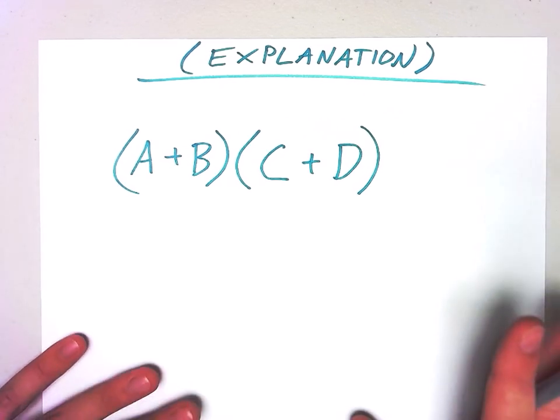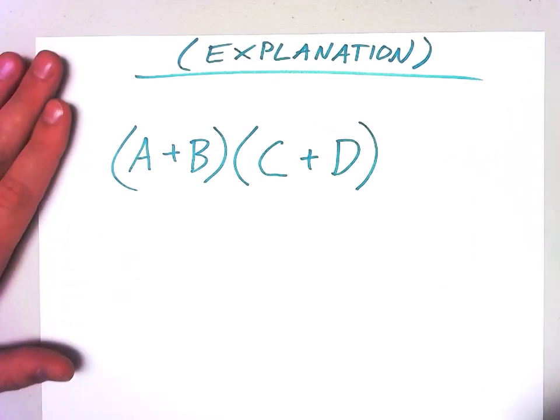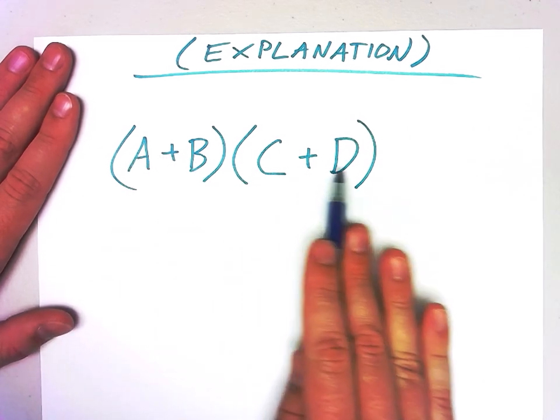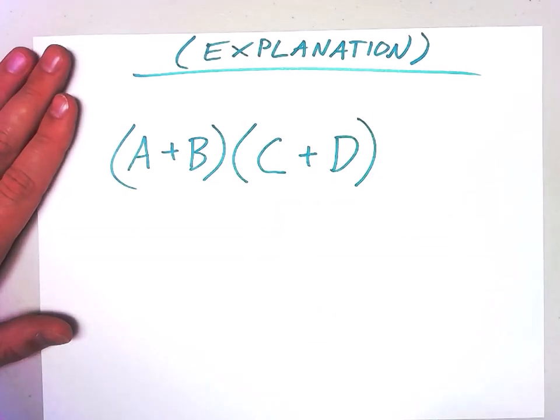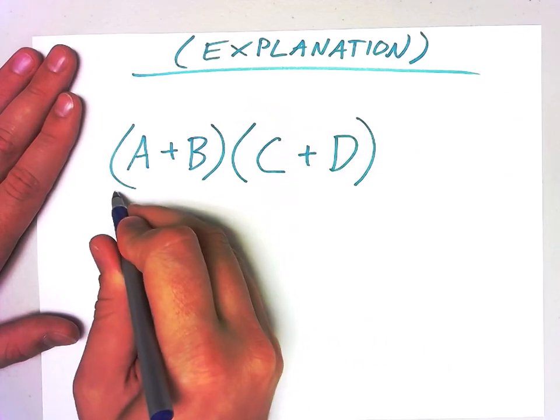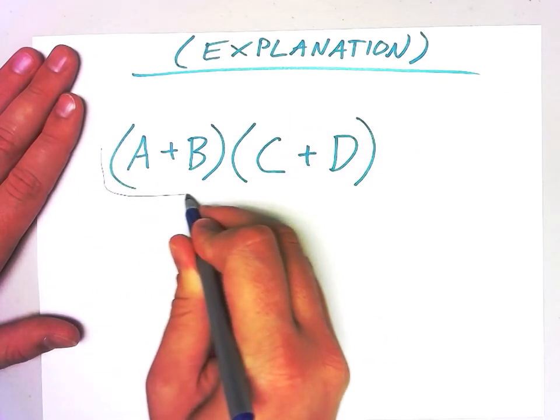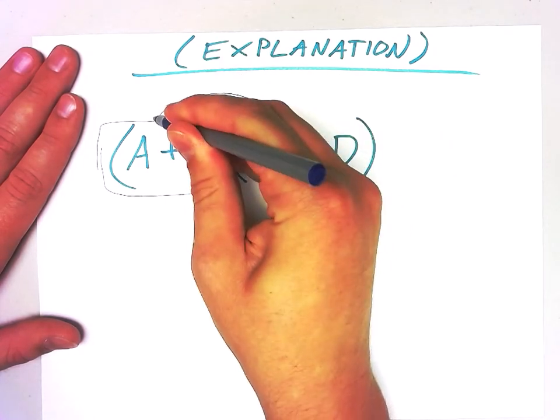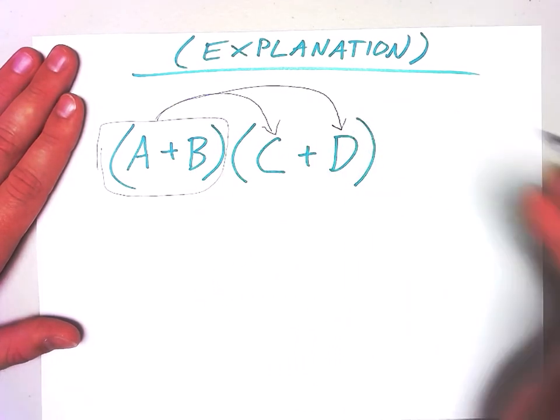So to break it down a little bit, we're going to do that one more time, except with just A, B, C, D. So this is binomial times binomial. So what we did before, we did this times that and times that.